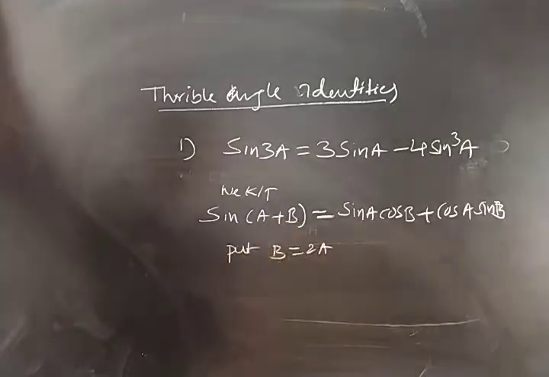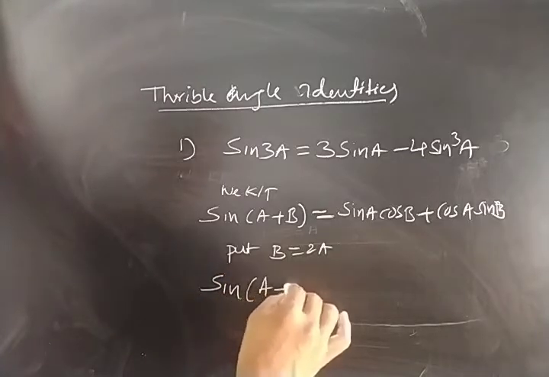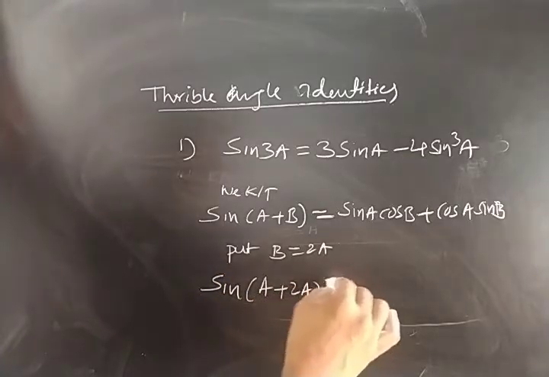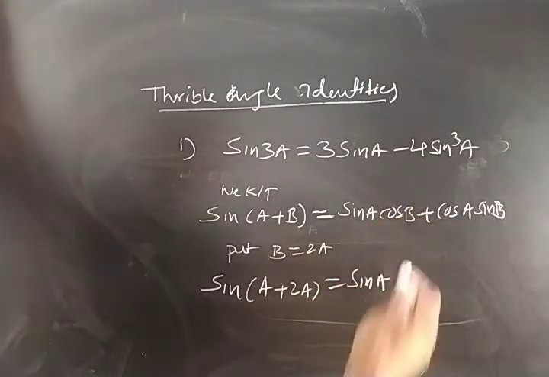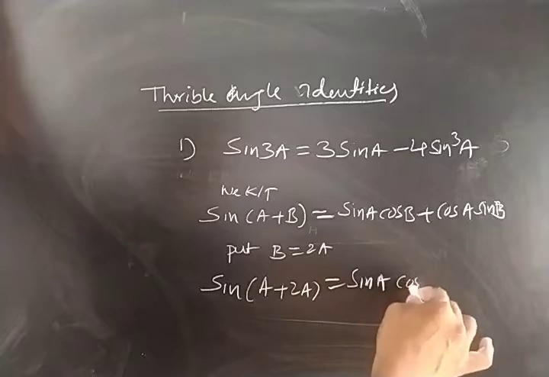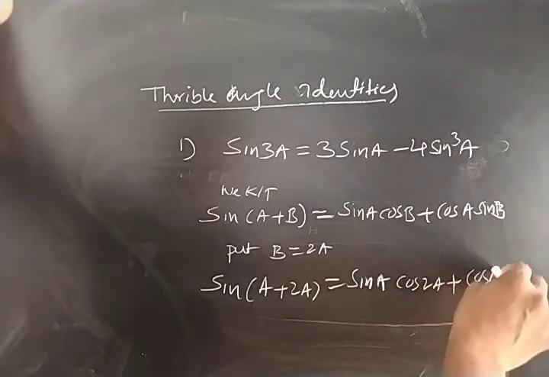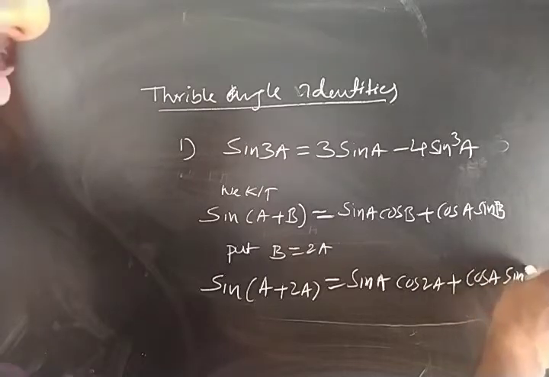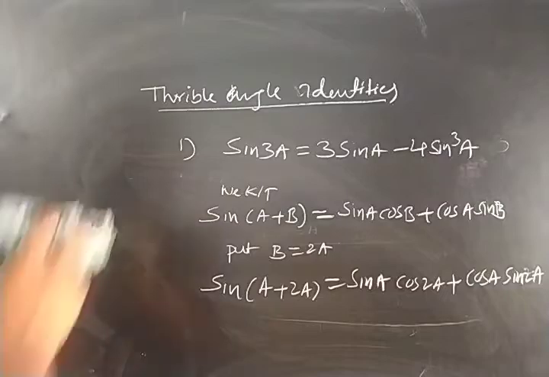So I am putting 2a in place of b. It will be sin a plus 2a is equal to sin a cos 2a plus cos a sin 2a, replacing b by 2a on the right hand side also.